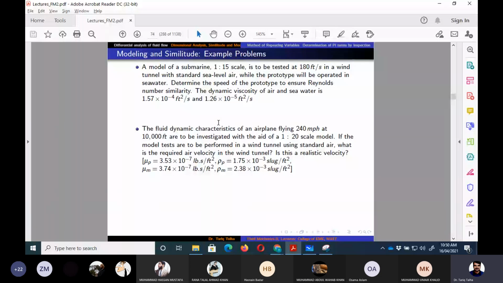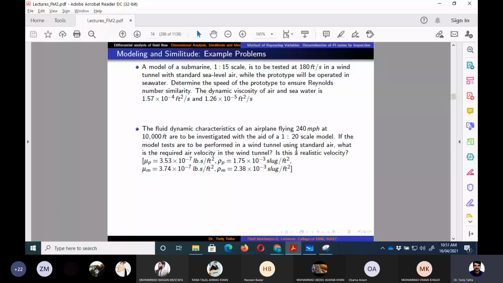We know that at 10,000 altitude, the viscosity and density become quite low as compared to sea level, and it is to be investigated with the aid of a model at 1:20. So it means that lambda L, which is the ratio of length of model divided by length of actual system, which is the aeroplane in this case, is 1 to 20.